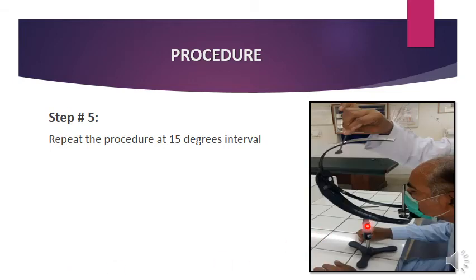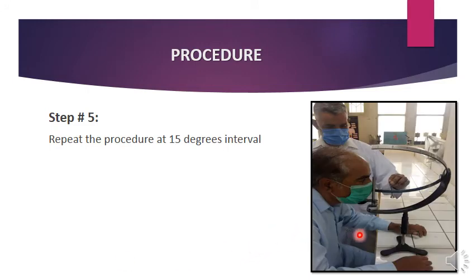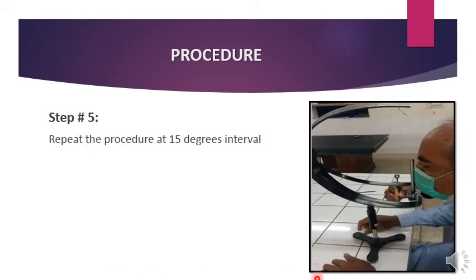Now in this picture, the examiner is assessing the visual field in the superior nasal quadrant for right eye. Now here there is assessment of visual field of the inferior nasal quadrant for right eye, and here the examiner is assessing the inferior temporal quadrant for right eye.